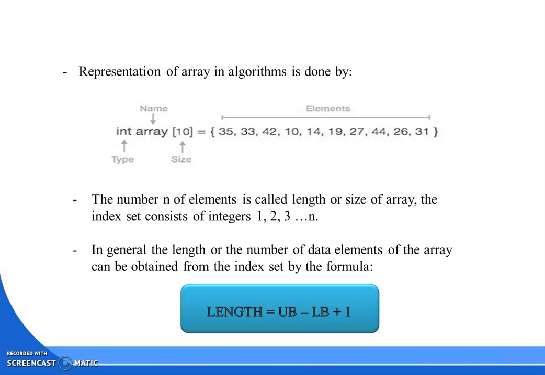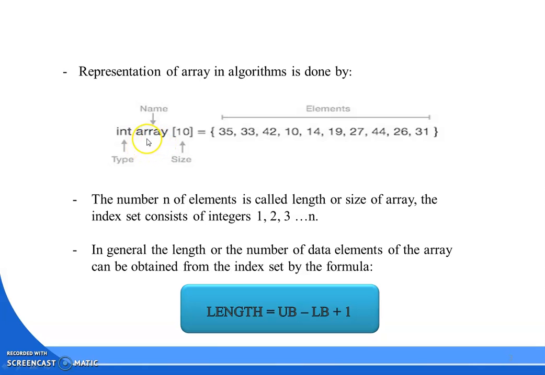Next, we will be discussing how an array is represented in an algorithm. So here is the format or syntax of how the array is written or represented. It is first written with the data type, that is what type of data basically the array elements are of.